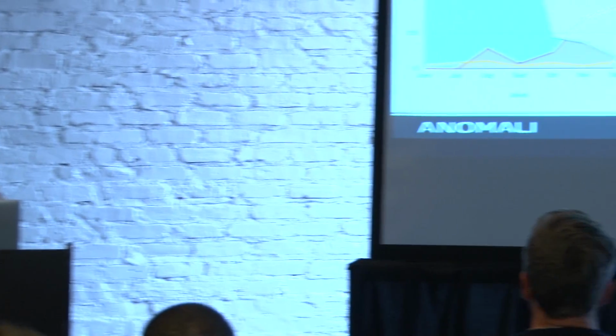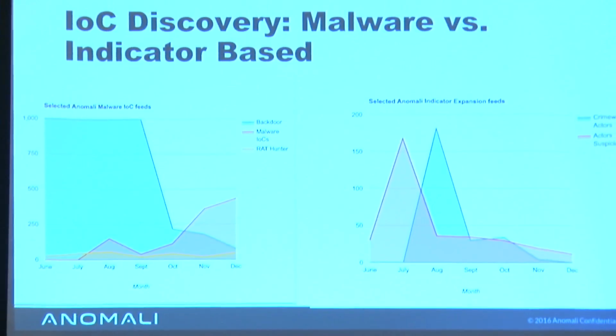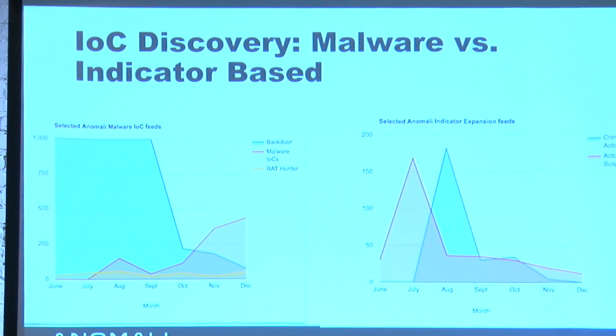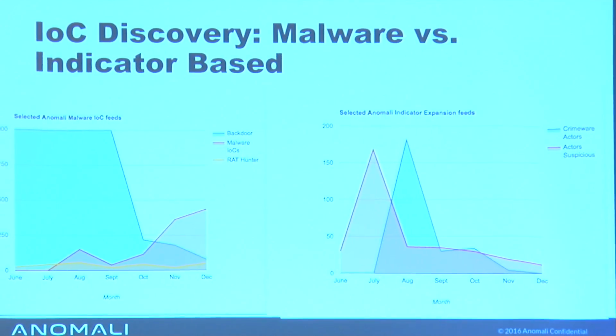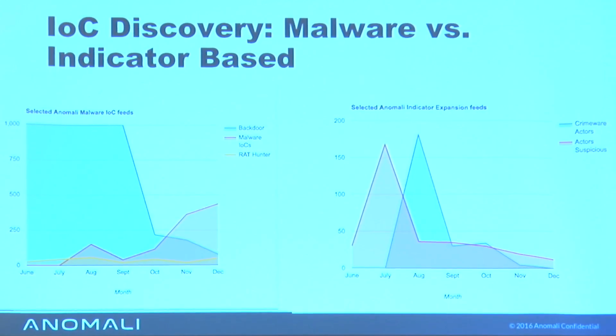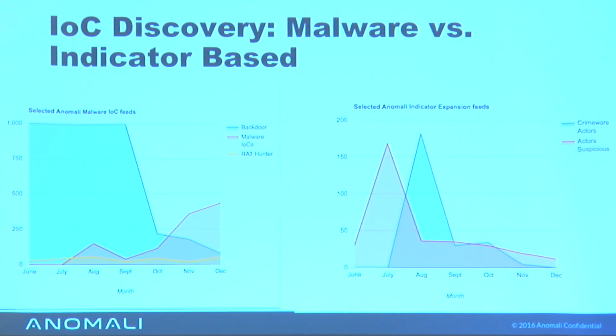And if you also look at the two graphs, the config dumper feeds are in the thousands and high hundreds, while these other sets of feeds over on the right are based on indicator expansion methodologies. If you were in here when Alex was talking a little bit ago, he was talking about indicator expansion as well. The very simplistic sense is, I know bad guys use this domain.